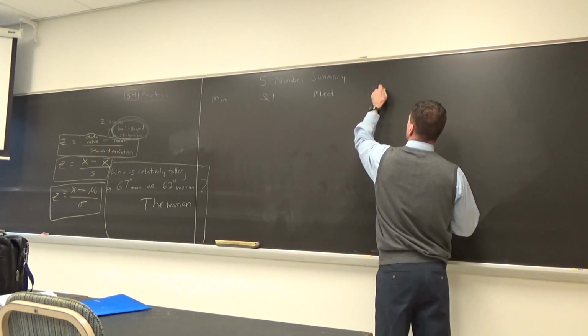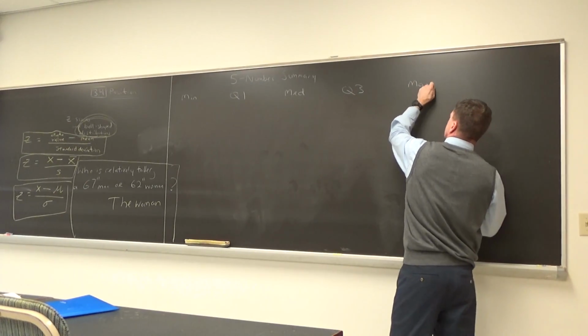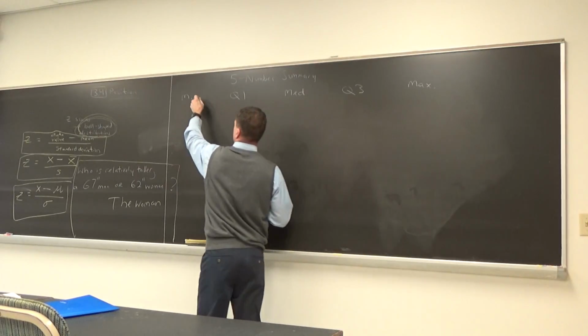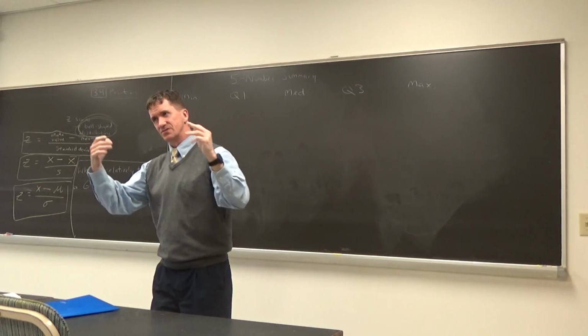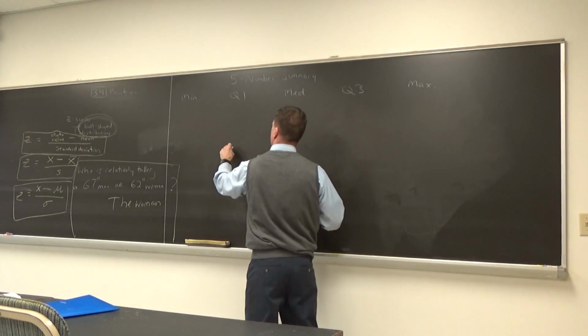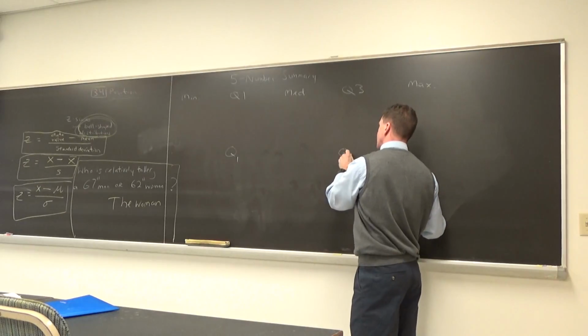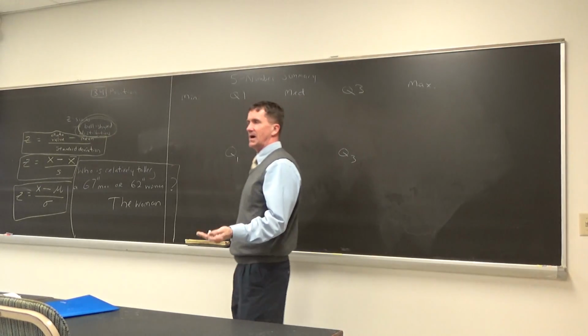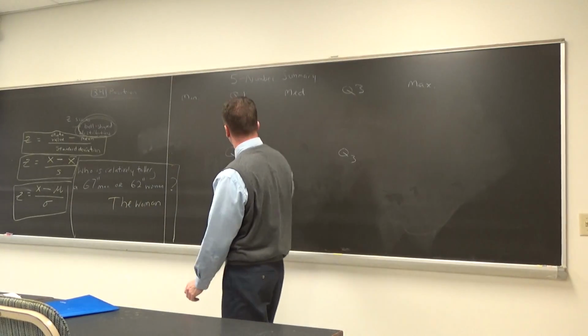Q3. And the maximum, I'll just put max to abbreviate. And I wrote Q1 and Q3. Some students like to write those like a subscript, if you like to do that, but it doesn't matter in terms of notation. Put a Q3 right next to it, or a Q with a 1 right next to it.